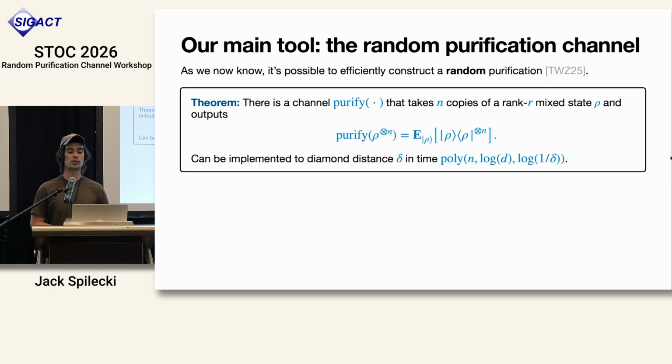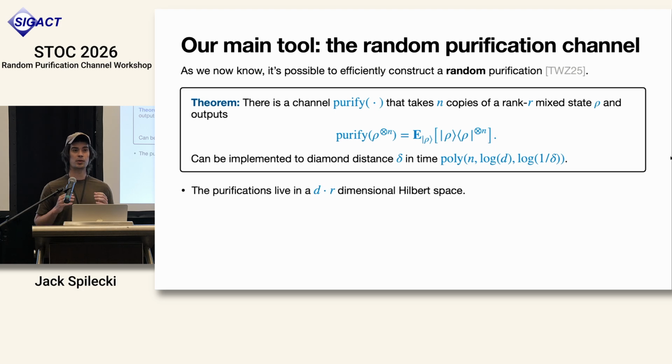And what it outputs is a uniform mixture over all possible purifications of n copies of that purification. So you can view this channel as: you sample a random purification, and then I give it to you n times. And moreover, this channel can be implemented efficiently.